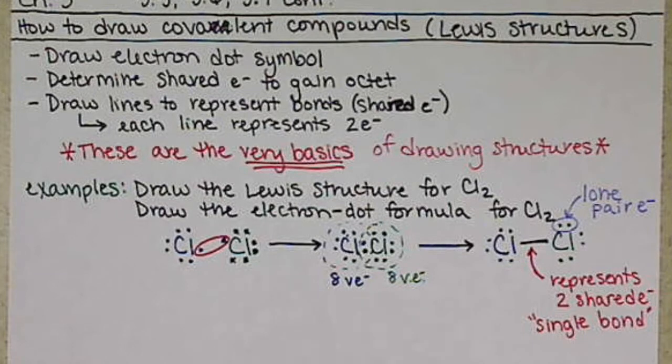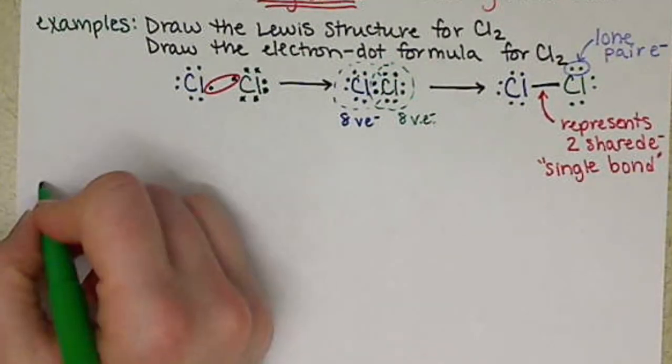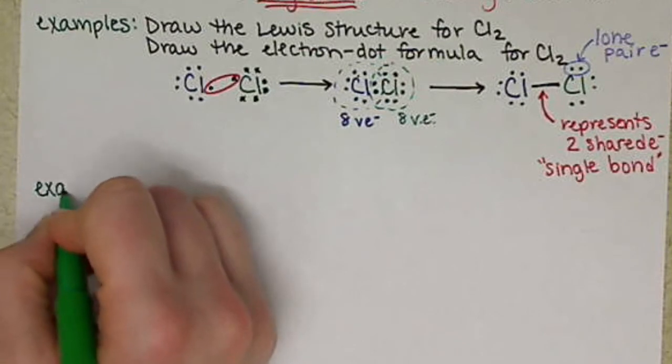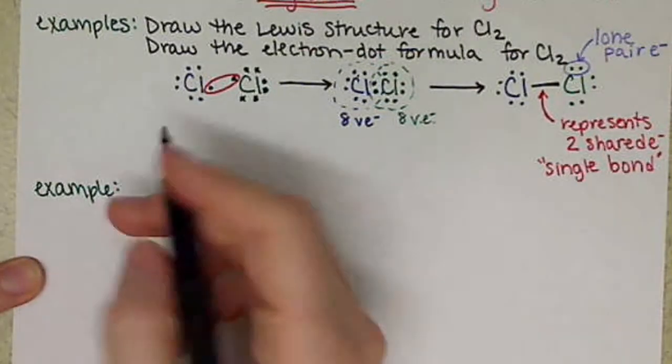All right, let's look at another example. I want you to draw the Lewis structure for carbon dioxide.